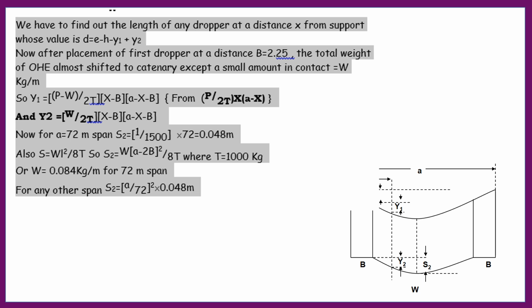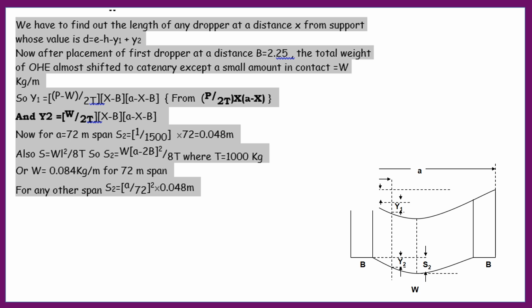Also, we know the formula of sag, W L square by 80, where W is the weight, L is the span, and T is the tension. So sag times T is equal to W into L square by 80. L square, how much? We can find out L.